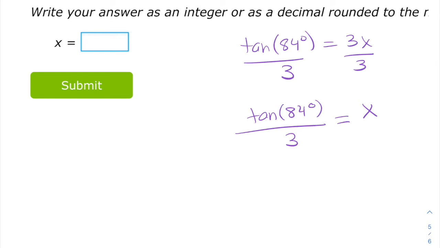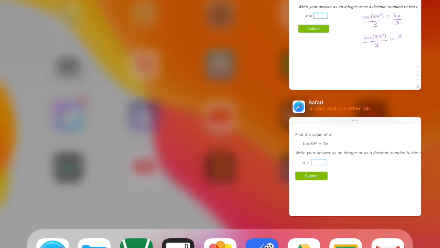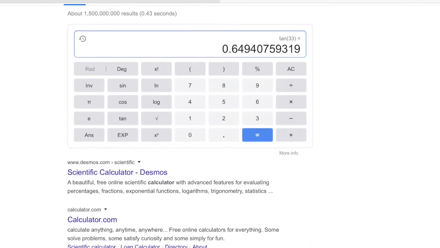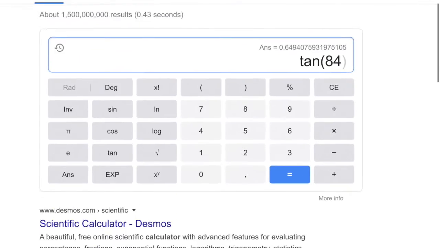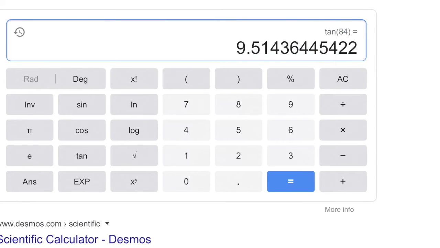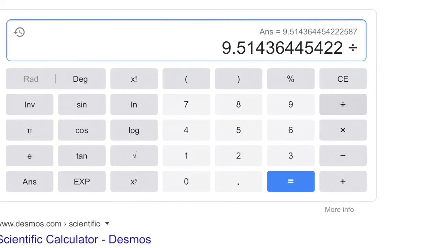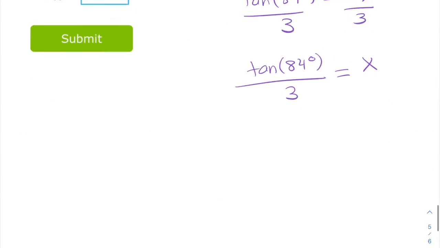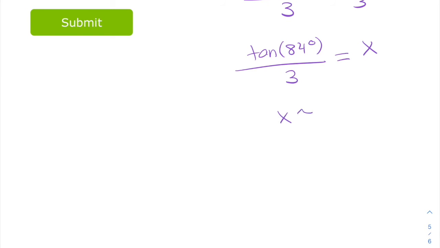So in your calculator, type in the tangent of 84, close your parentheses, hit enter. Do that first, then just divide by 3 after. Okay? So x approximately equals 3.171.